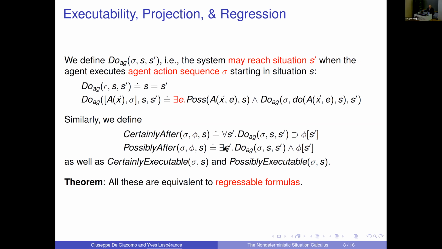We also have notions of a sequence being certainly executable, so that at every step of every possible outcome you can do it, or it might be just possibly executable, depending on what outcome you get.